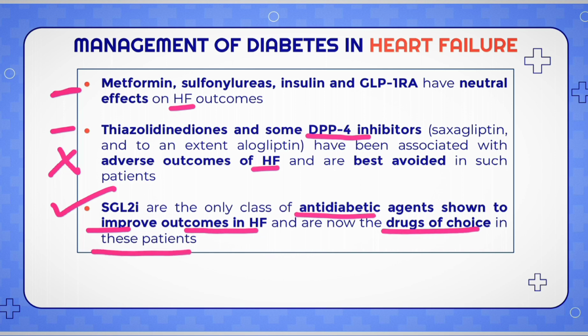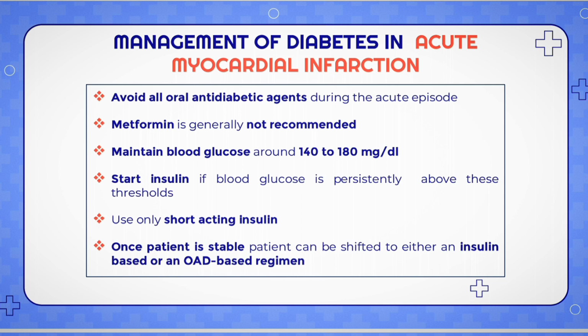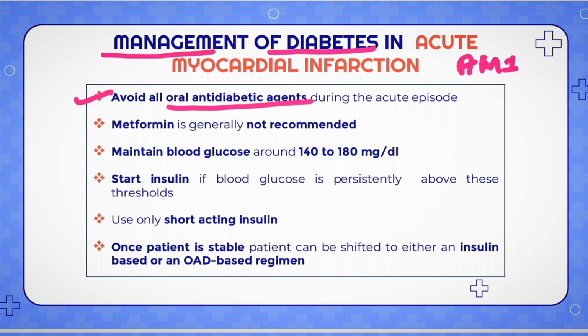So what are the management methods in any patient with diabetes who has developed acute myocardial infarction? In such an acute episode of myocardial infarction, we should avoid all the oral antidiabetic agents, including metformin, as it is usually not recommended in such an acute episode of MI.